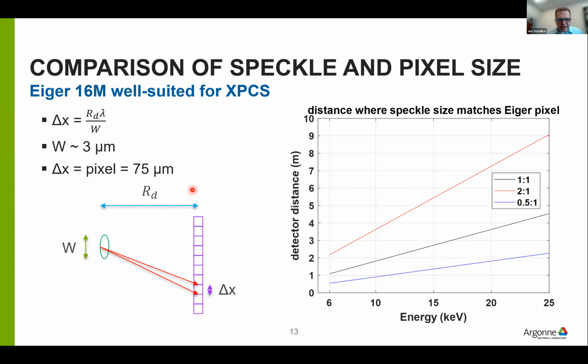And with the pixel size of 75 microns, you can see that at the minimum distance that we can bring the detector, at 3 meters, the pixel size will be well matched, or even the speckle size will be larger than the pixel for most energies that we see. And intriguingly, even at very close distances, down to around half a meter or so, the speckle size will be something like maybe half as big as the pixel.